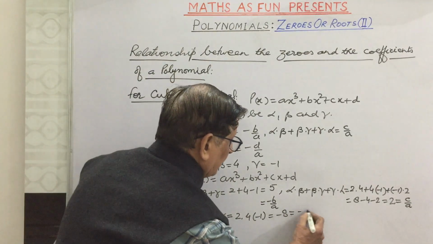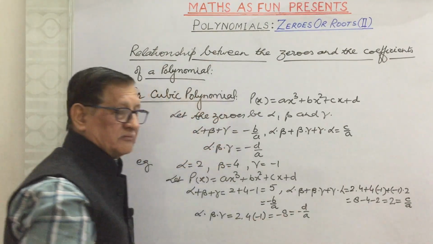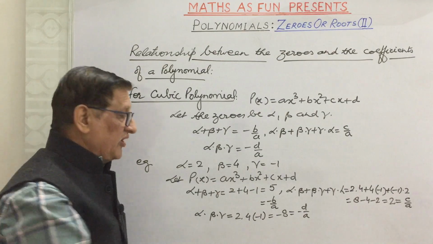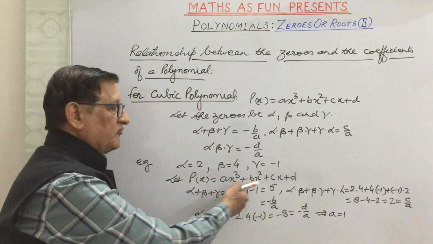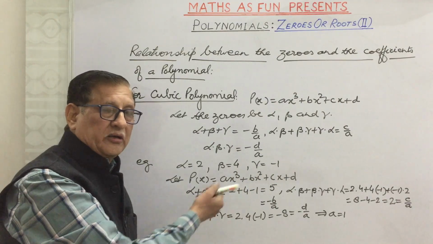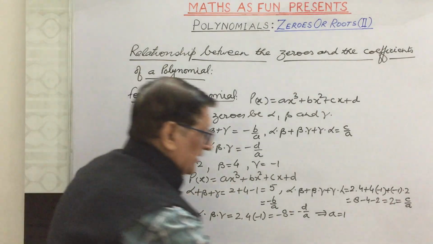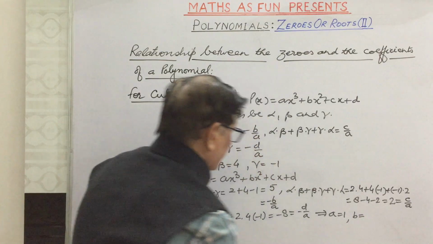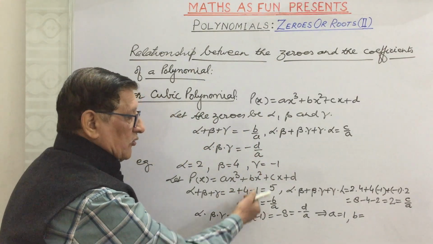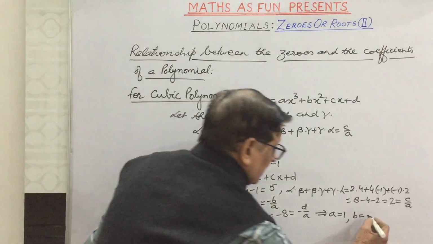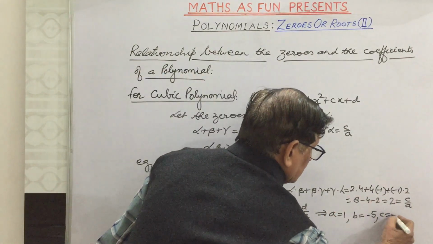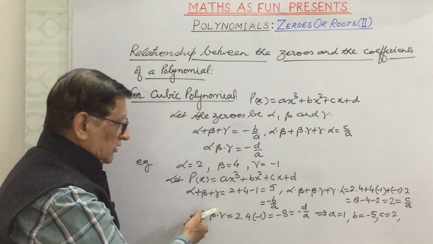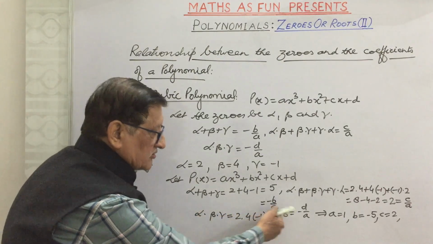This is equal to minus d upon a. We are finding here that a is 1 because the denominator of each is 1. They are all integers. And then comparing this part, we are getting b is minus 5. C from this we are getting is 2 and d from this we are getting is 8.